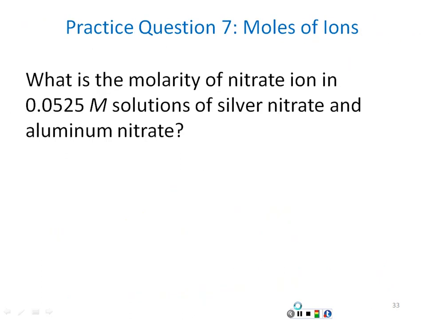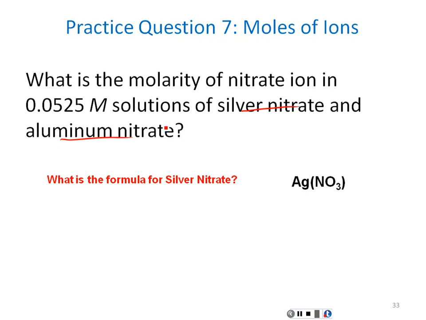All right. Next question. What is the molarity of nitrate ion in a 0.0525 molar solution of silver nitrate and of aluminum nitrate? So the first thing to determine is the chemical formula for silver nitrate and aluminum nitrate. Silver nitrate is going to be AgNO3. That's because the silver has a +1 charge, and the nitrate ion, NO3, has a -1 charge.